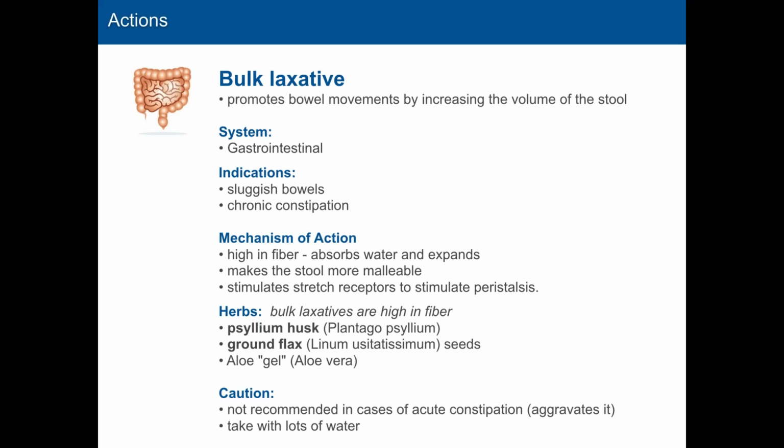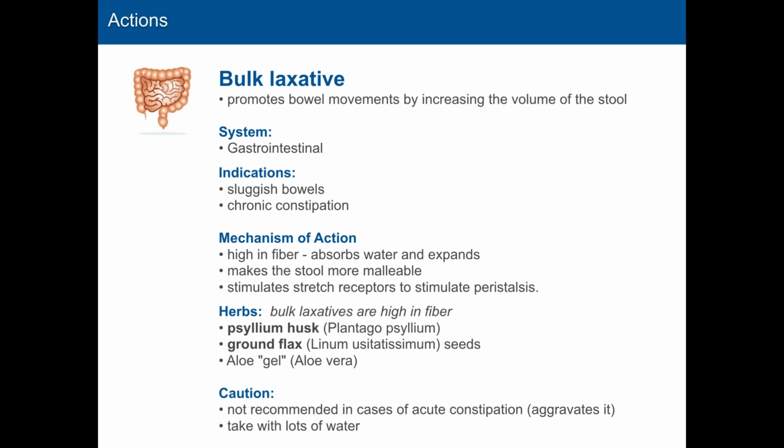You also need a bulking agent that helps to give volume to it, because the smooth muscles in the intestines have stretch receptors that, when they expand, trigger peristalsis. So the bulk laxatives help to give the volume required to give a signal to get things moving along.